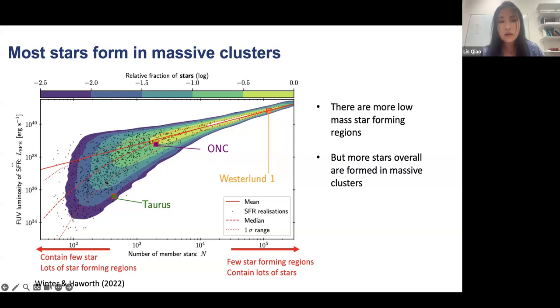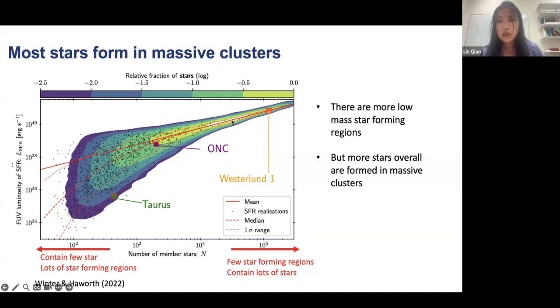And you can see that on the left-hand side of this plot, you would have lots of star-forming regions, but each star-forming region doesn't contain many stars. On the right-hand side, on the other hand, there are not many supermassive star-forming regions, but each star-forming region contains a lot of stars.